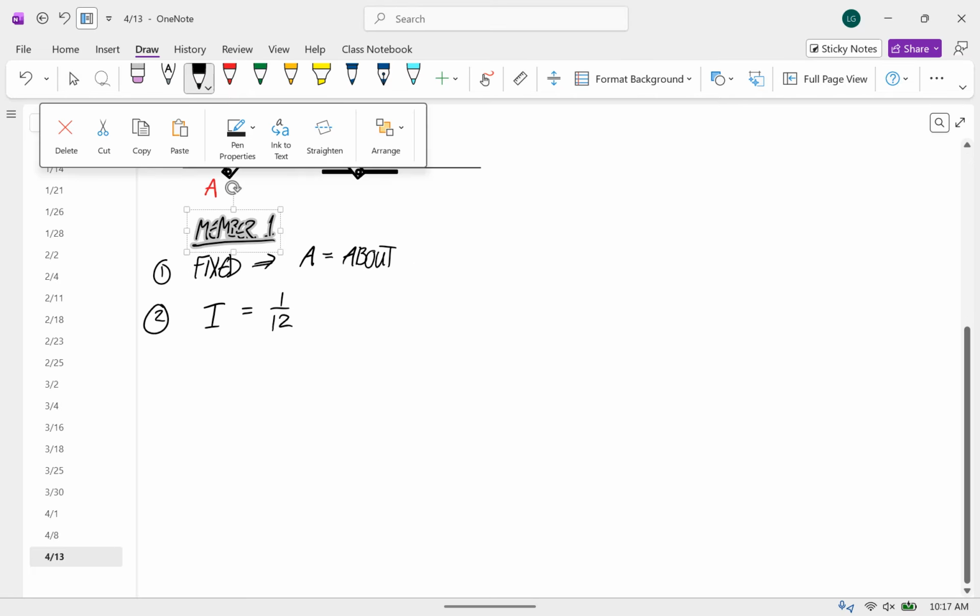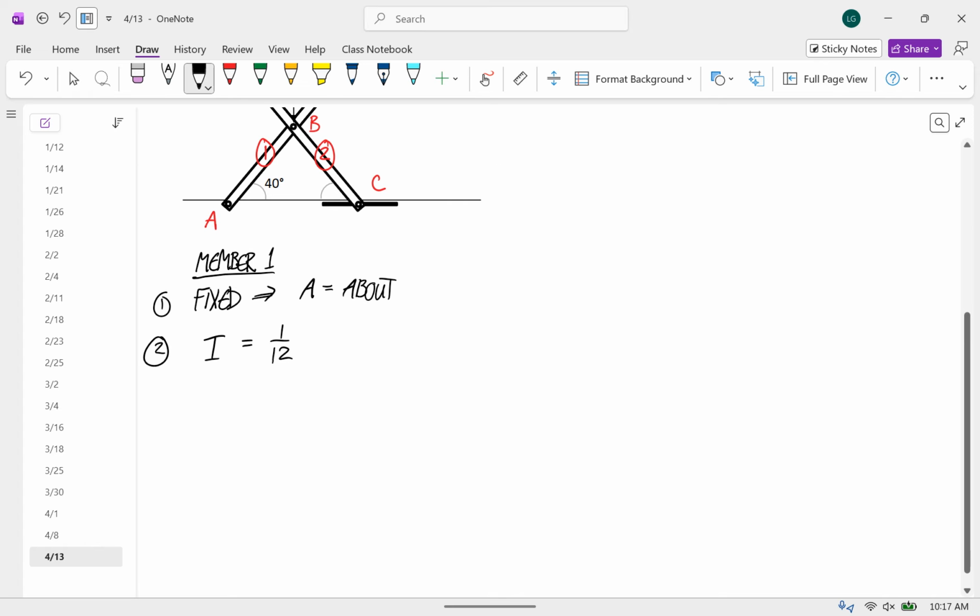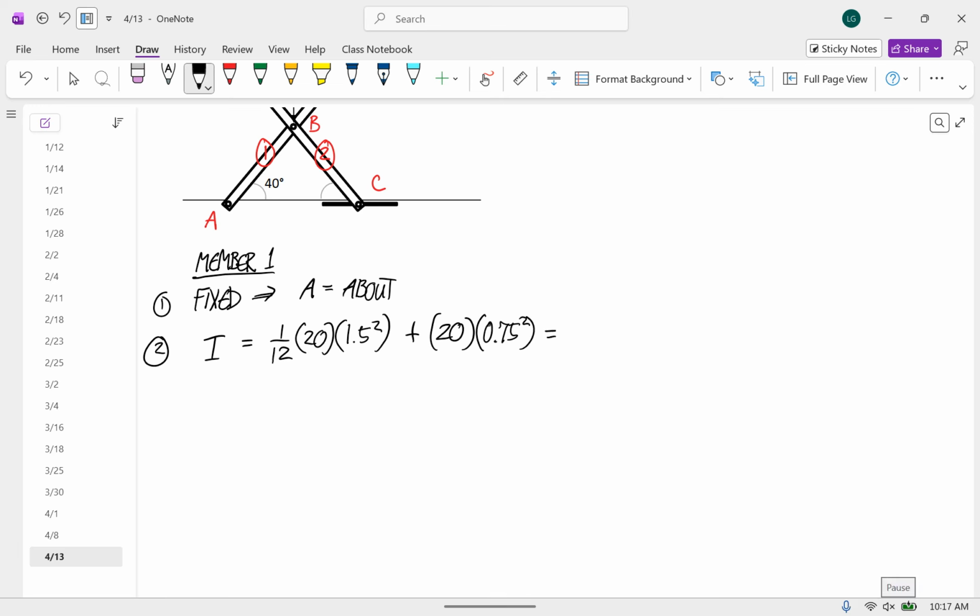Yep, 20 kilograms each. So 20 times 1.5 squared. And then the parallel axis theorem part is 20 times 0.75 squared. And what do you get for that? 15? Ooh, so nice and clean.